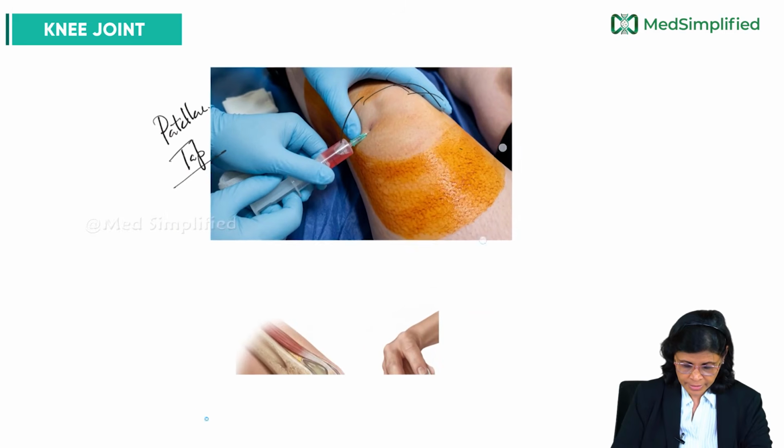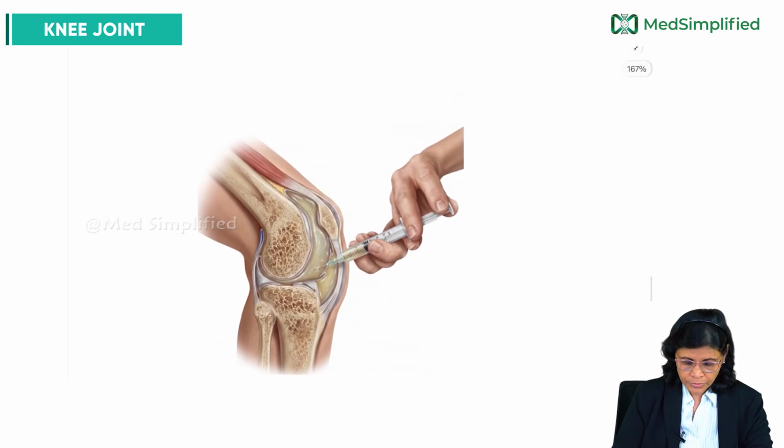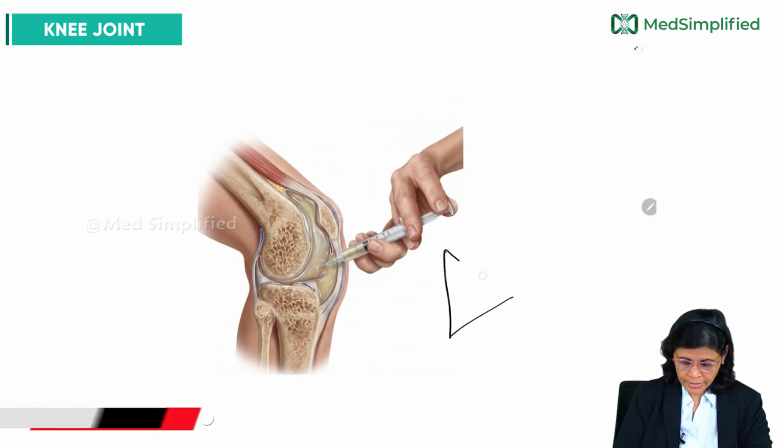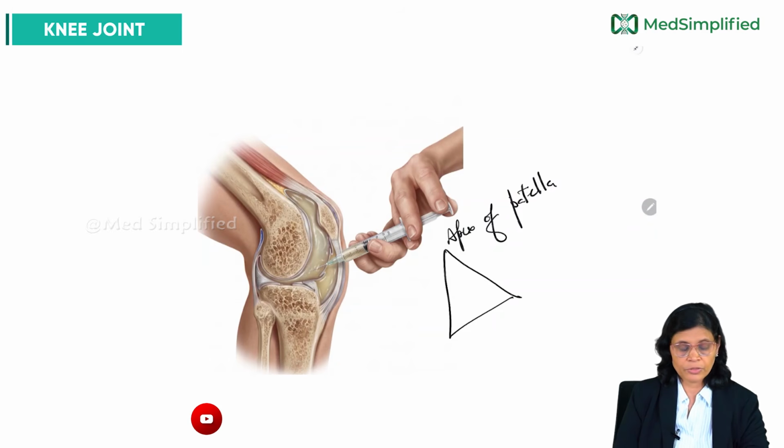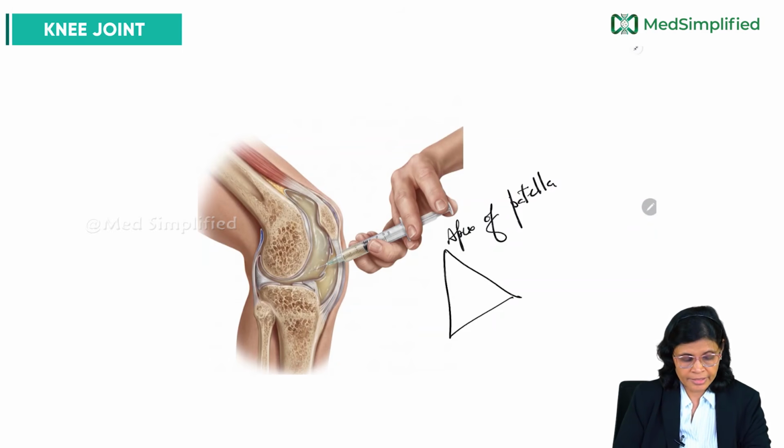You can see it here. That triangle is formed by the apex of the patella. From this triangular space, usually on either side lateral to the ligamentum patellae, we do it.